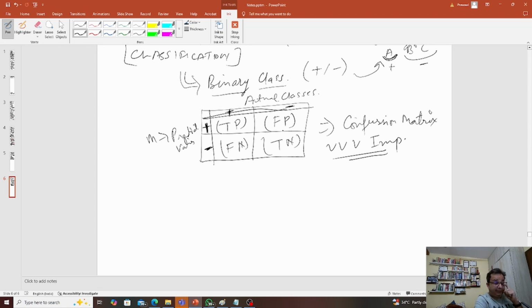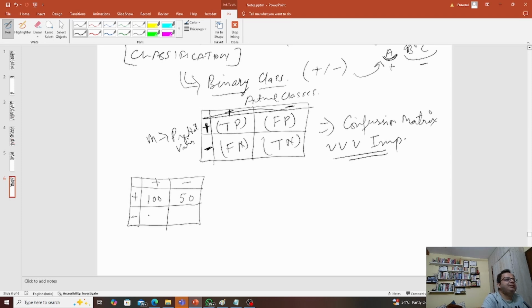Okay, let's suppose we are talking about a model which predicts whether it is cancer or it is not cancer. So this is my prediction and this is my actual. Let's suppose it is marking 100 cases as cancer, which are also actually cancerous. Now it is also saying that 50 more cases are cancers, which are actually not cancers.